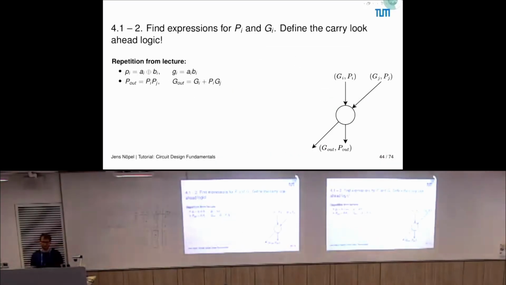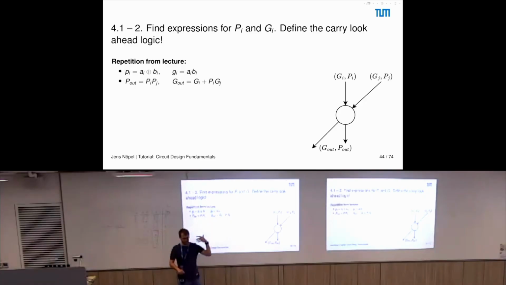So maybe as a short recap from the lecture, how do you calculate P, Gi, P out, and so on. I would recommend that you go through the slides again now and have a look at what this means and how to use it and what it does. So Pi is the propagate, Gi is the generate.